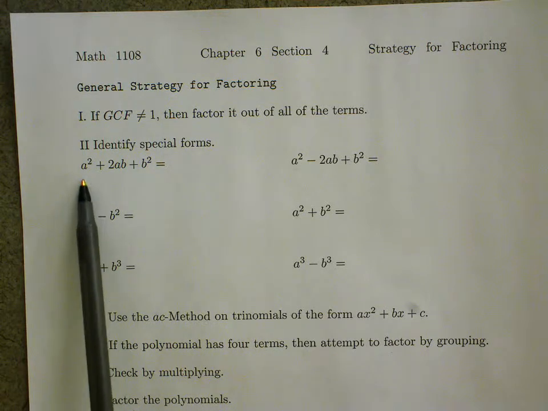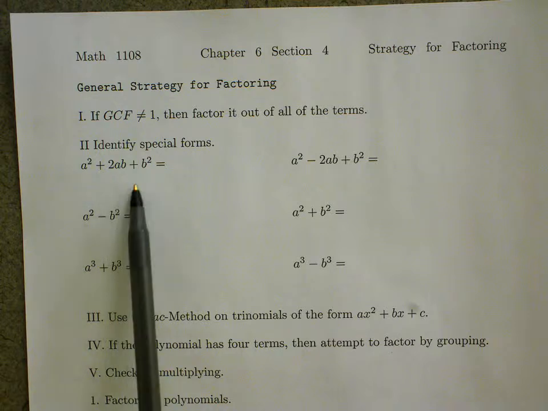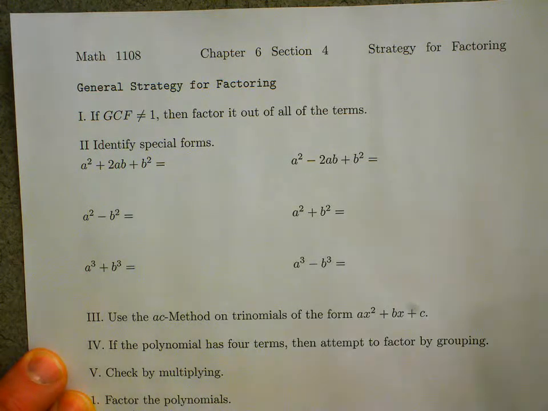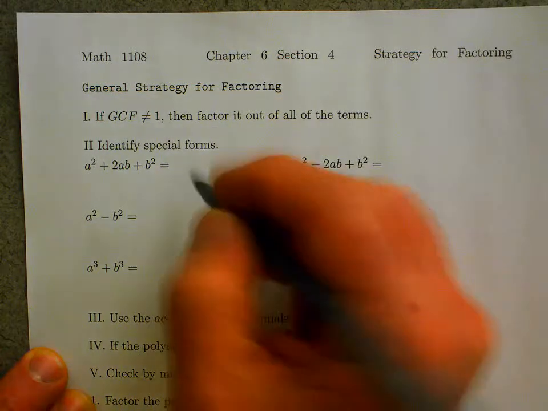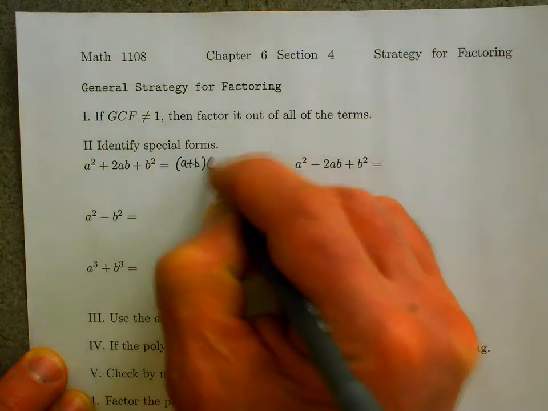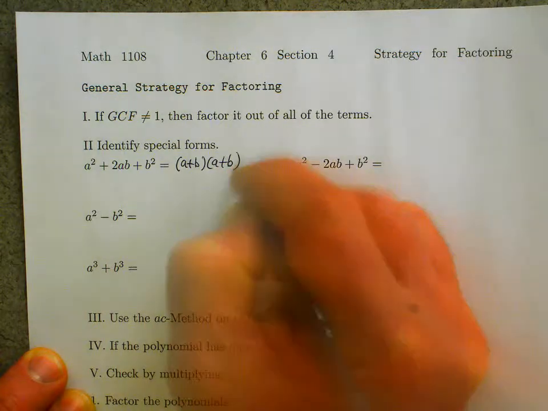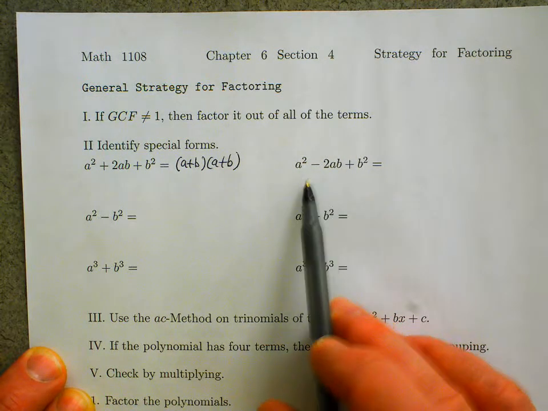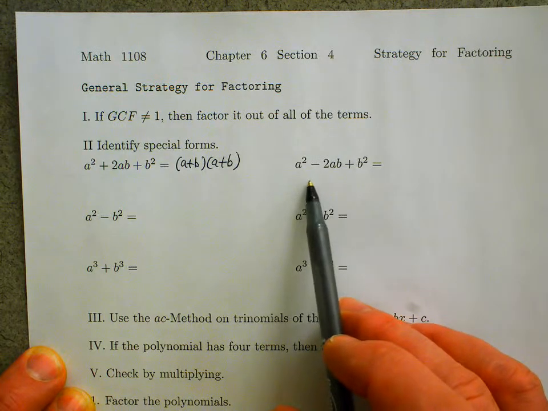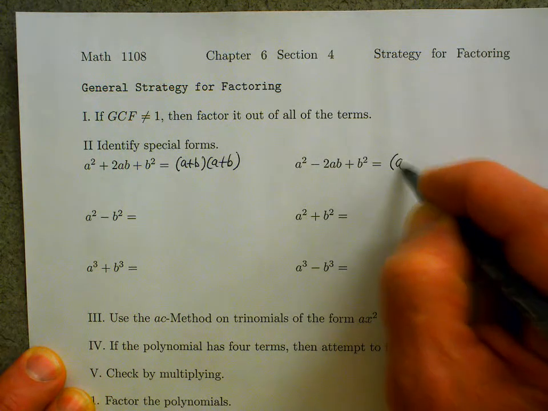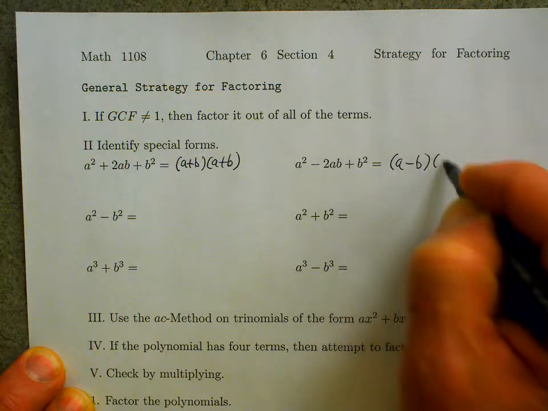This one, a squared plus 2ab plus b squared, is a perfect square trinomial, and the two factors are a plus b times a plus b. And to the right, we have another perfect square trinomial, a squared minus 2ab plus b squared. Its two factors are a minus b times a minus b.